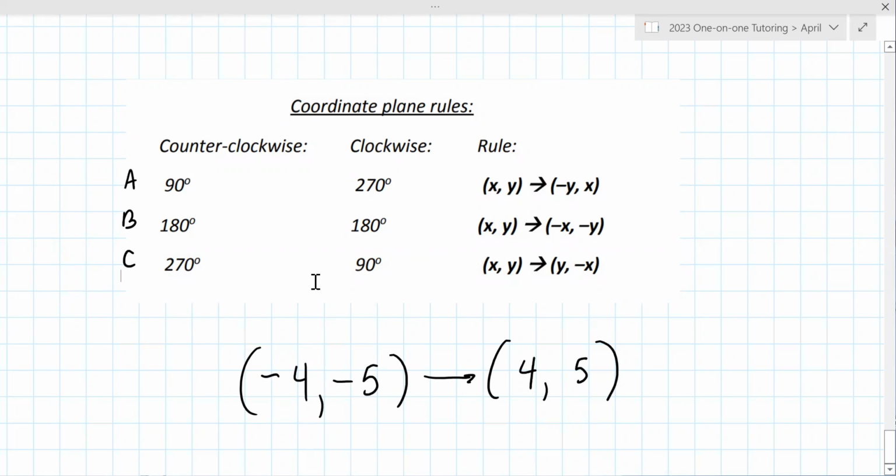Basically it's like, does (x, y) go to (-y, x)? Does (x, y) go to (-x, -y)? Or does it go to (y, -x)? What do you think here?